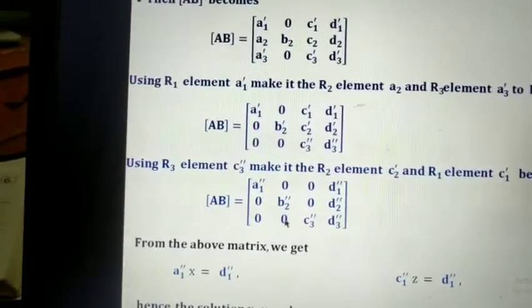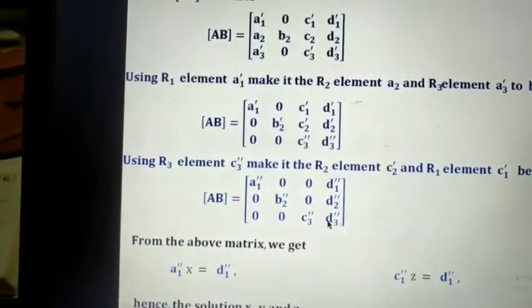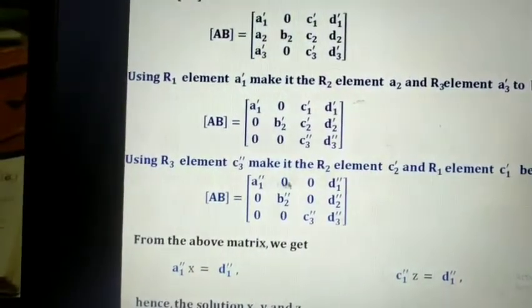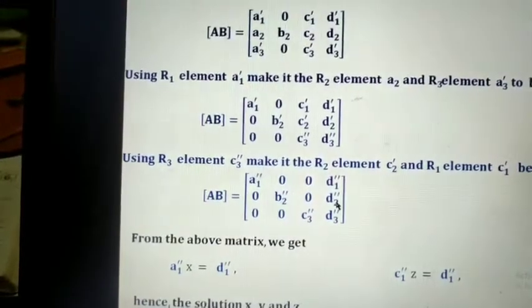So this is the diagonal matrix. With the help of this diagonal matrix, we get C3 double dash and D3 double dash by means of equation, A1 double dash and D1 double dash by means of equation, B2 double dash and D2 double dash by means of equation.